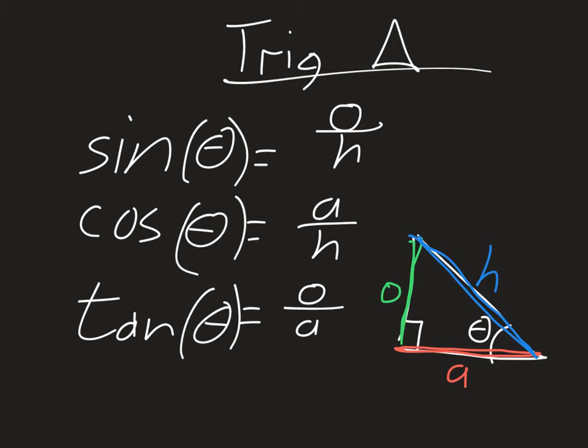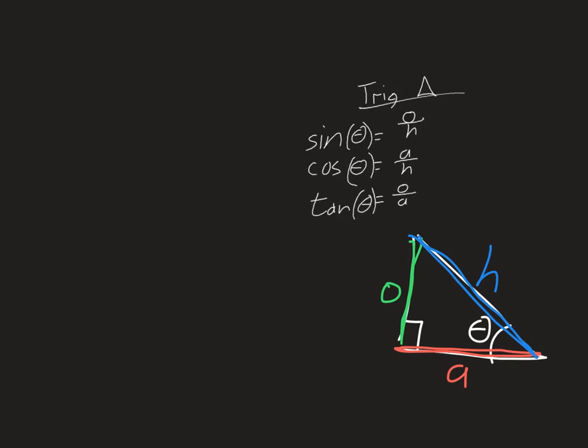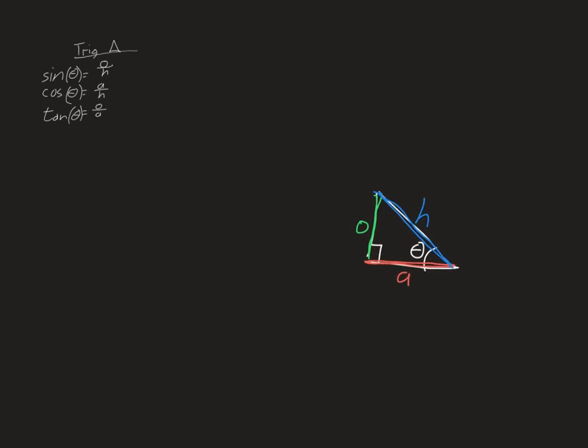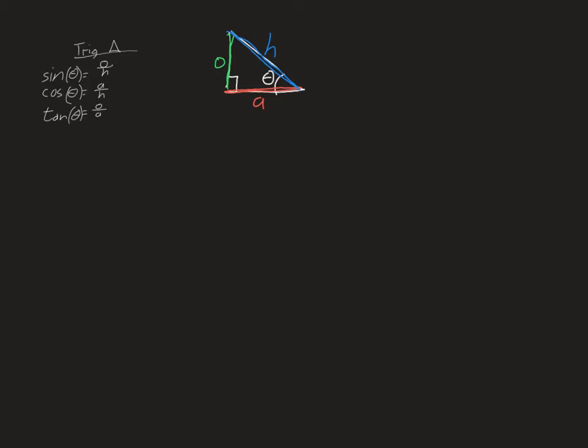But we can go a little bit further and let's solve our sine and cosine for individual sides of opposite and adjacent. And that'll help us out a lot in our next step with our actual problem. So let's see if we can minimize this stuff and possibly figure out how to solve one of these.